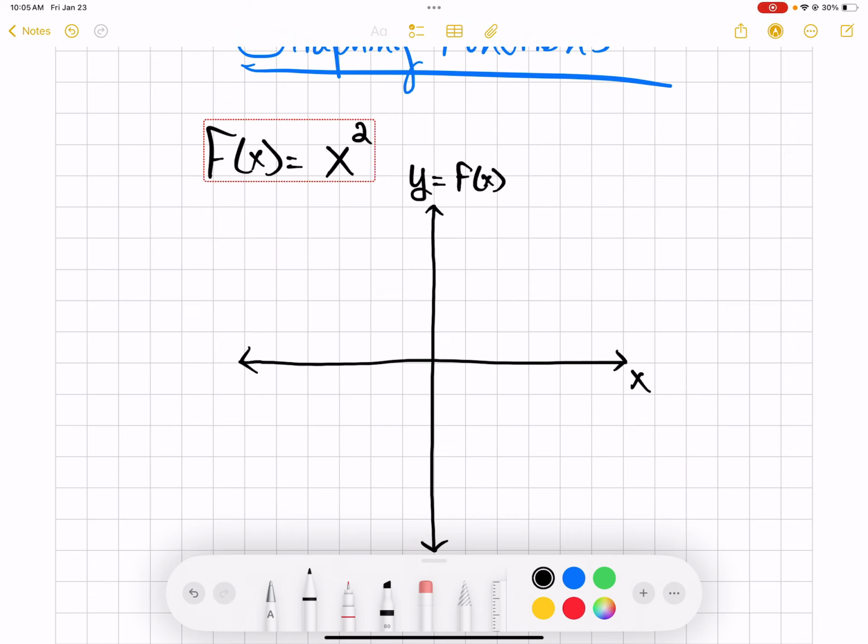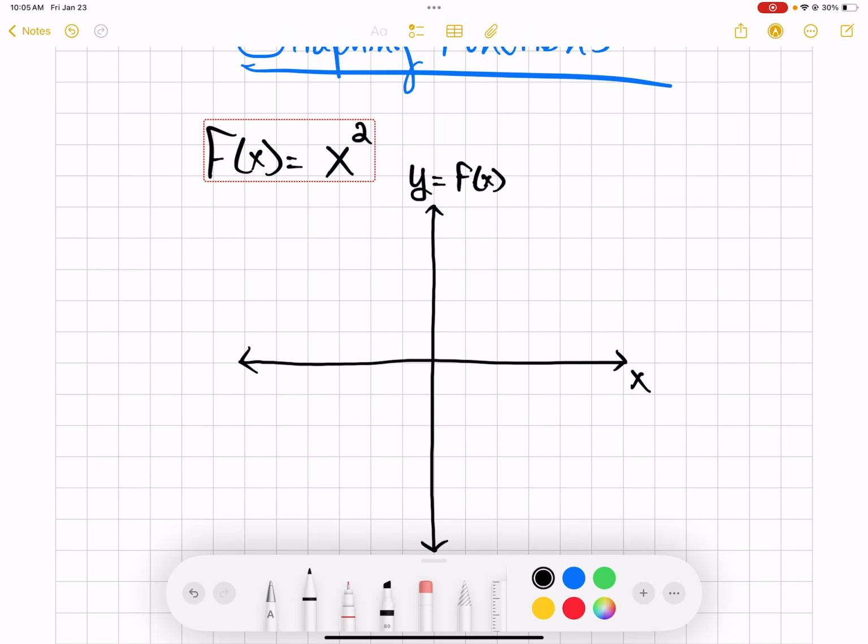So you'll see this. This is basically saying that our y-axis is the output of our function f of x. This is to let you know that this vertical axis is the outputs of f of x.